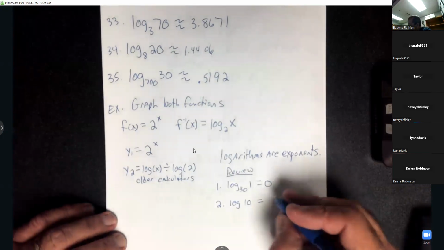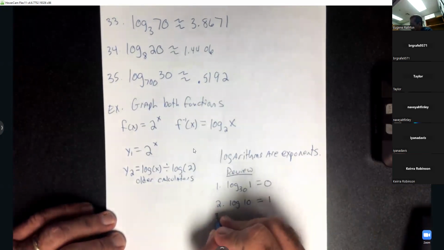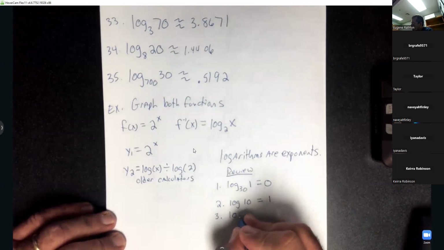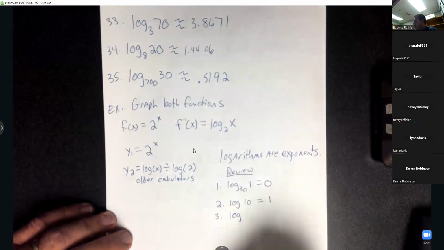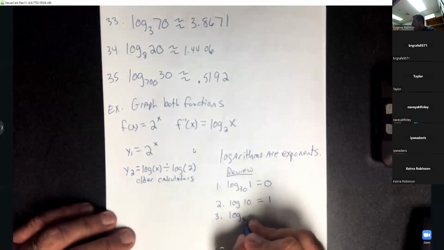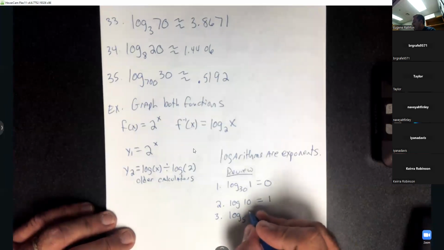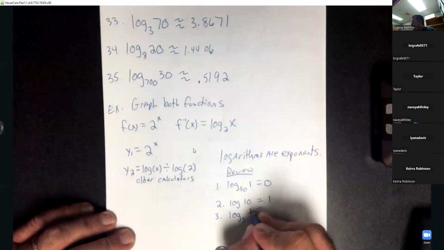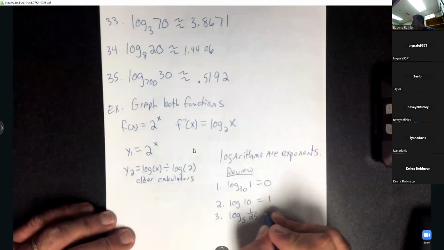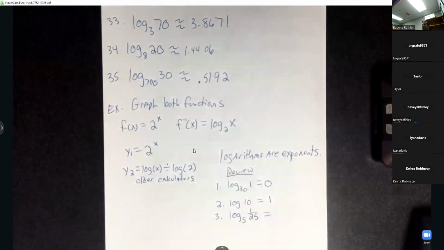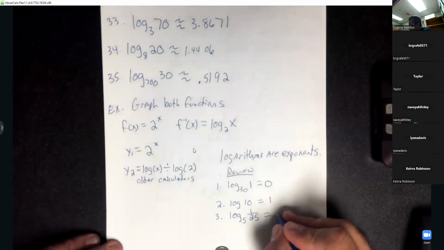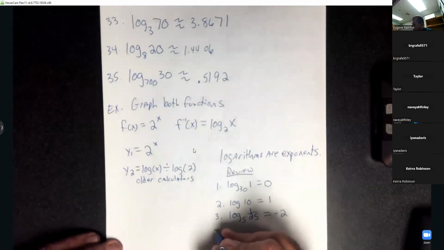That is definitely going to be a 1. How about the log base 5 of 1 over 25? Good job. That's definitely going to be a negative 2.